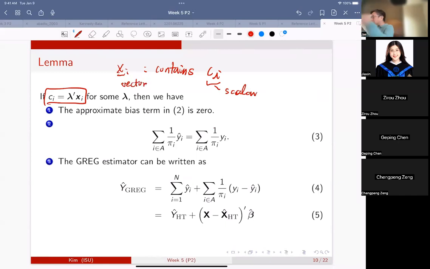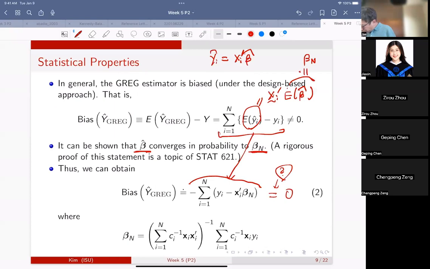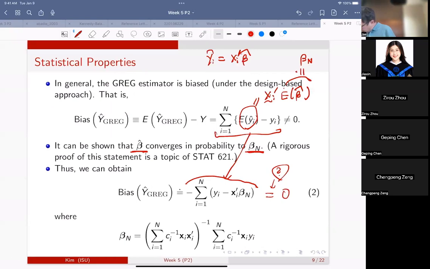So you have a vector of auxiliary variables, and one component of x contains c_i. Or a linear combination of the x's produces c_i, either way is fine. This condition is important because it implies two things. One is that this is 0. So the answer is that c_i belongs to the column space of x_i.